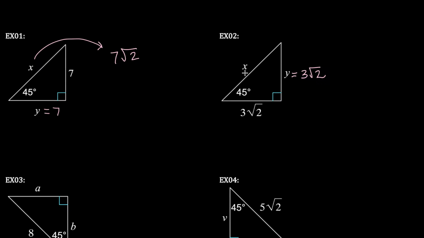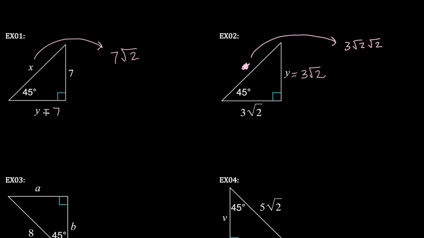But that means that if this is 3 square root of 2, and we know that this one is times the square root of 2, then this one's actually 3 square root of 2 times square root of 2. Because remember, there was already a square root of 2.